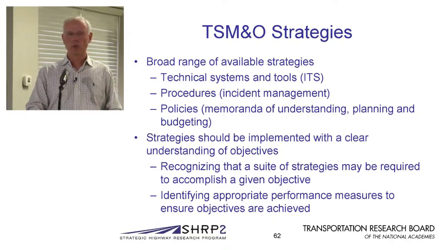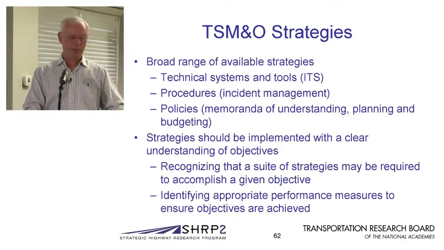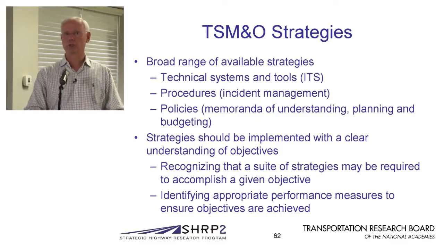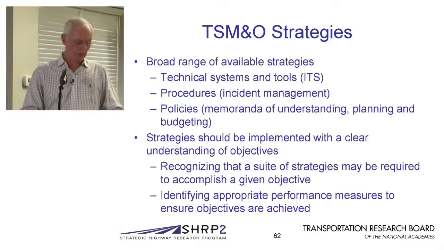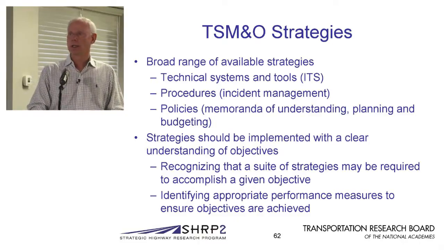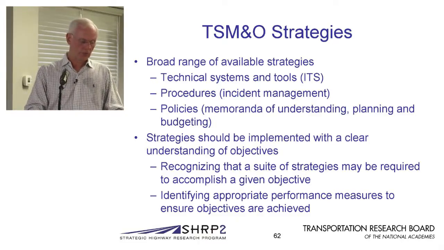Typically, you don't look at implementing one strategy. You might look at implementing strategies that support each other in combination with each other. And again, the diversion from a freeway to an arterial is probably the easiest way to think about that.